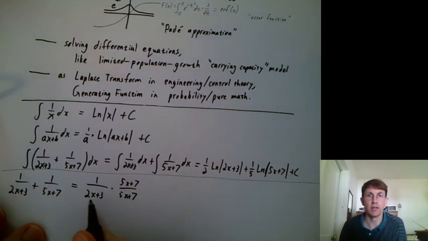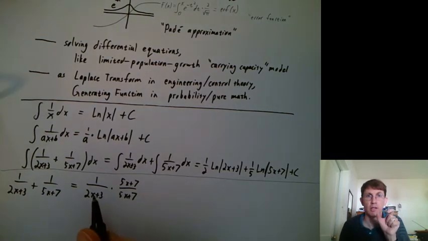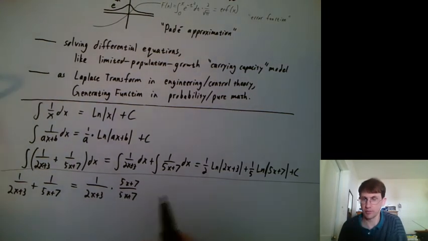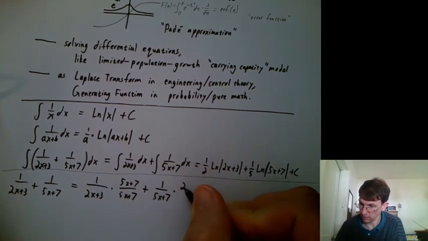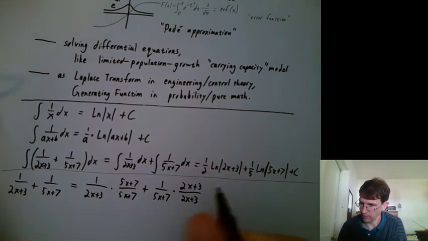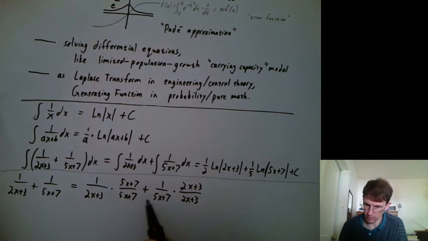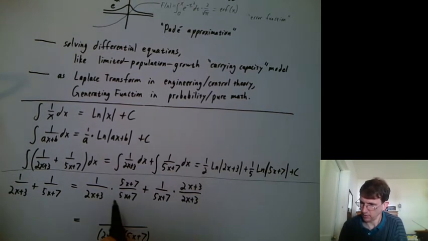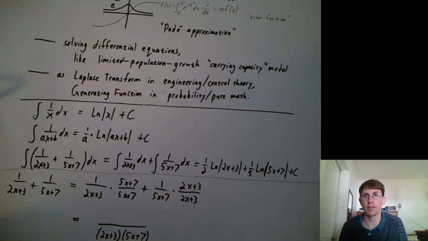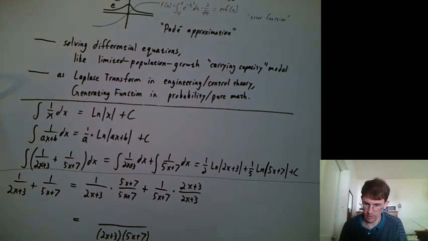So that way the denominator of that fraction will be 2x plus 3 times 5x plus 7, plus the second thing here, 1 over 5x plus 7 times 2x plus 3 over 2x plus 3. So now the bottom would be 2x plus 3 times 5x plus 7. It would be that for this side and that for that side, and since they have a common denominator, now you can add them.